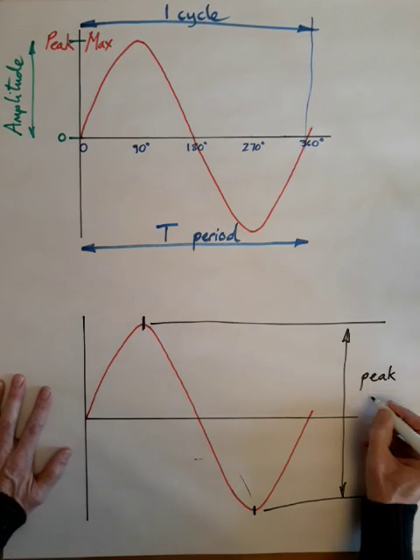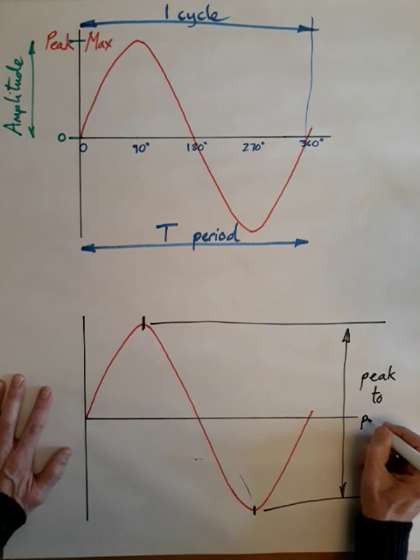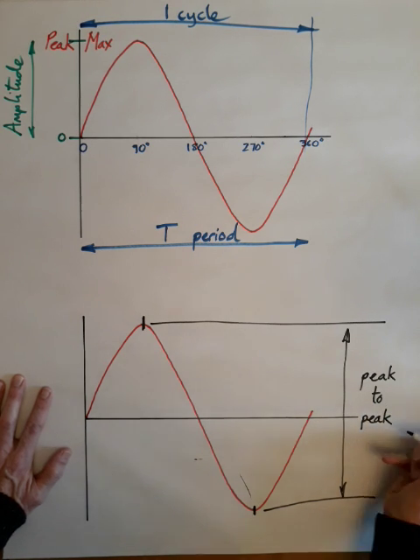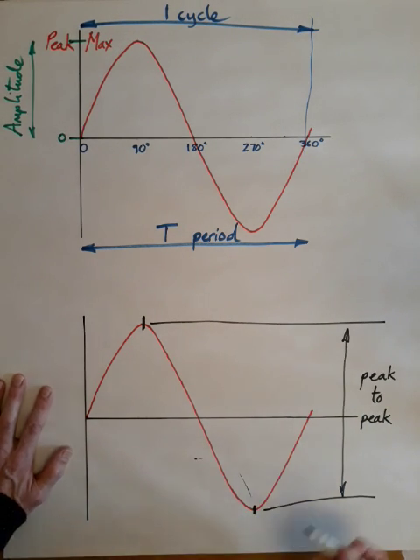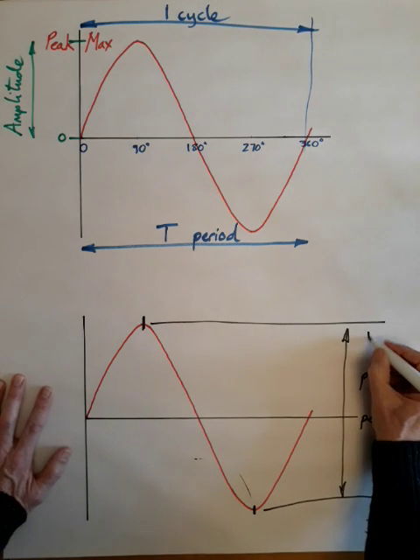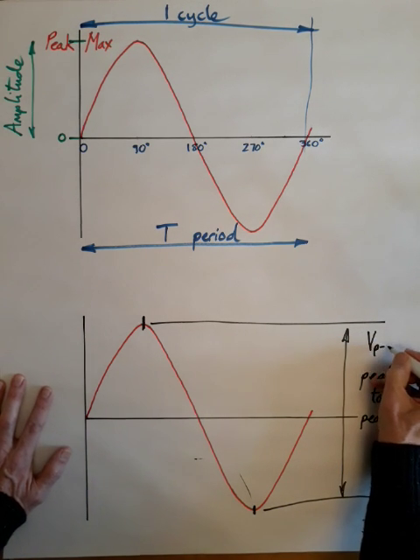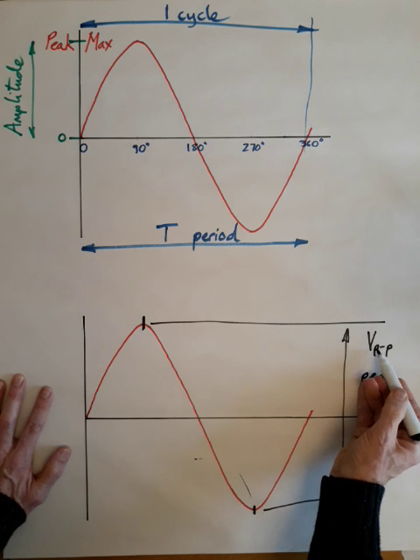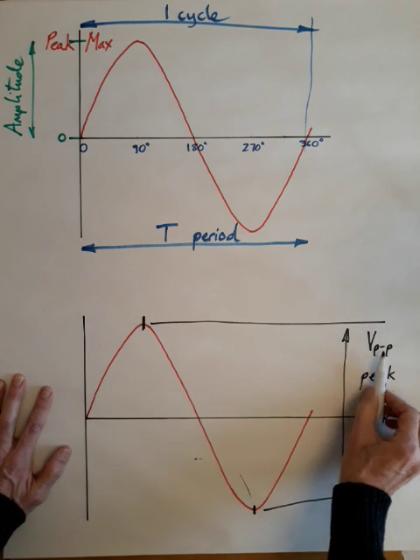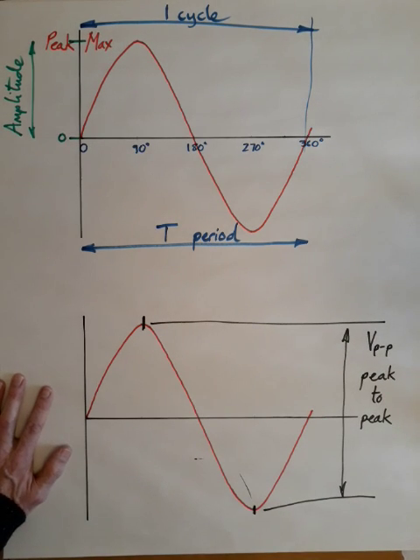It's like a mountain peak. Peak to peak. So that is the peak to peak value. If it was voltage, we might write that, Vp to P. So the peak to peak voltage is what that means.